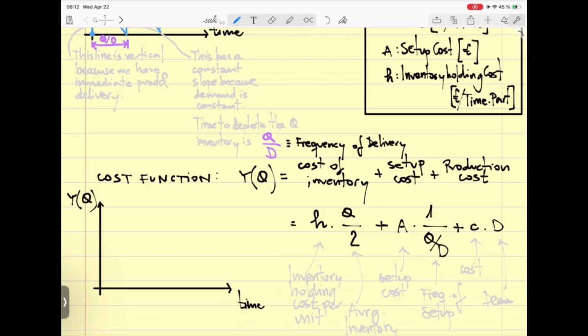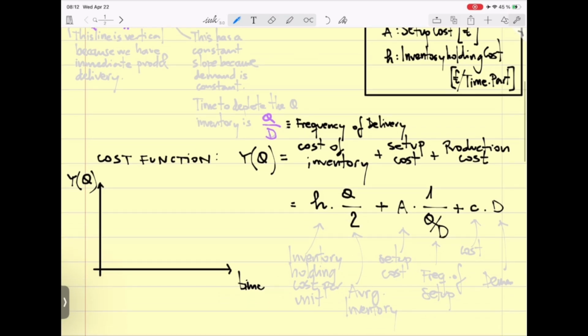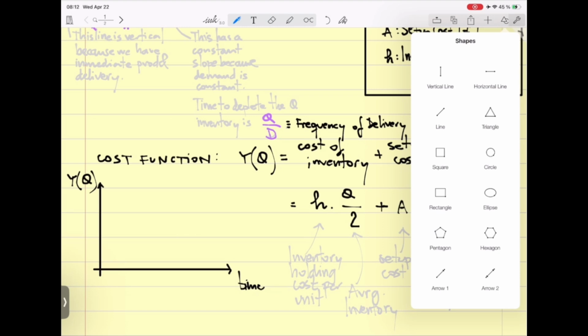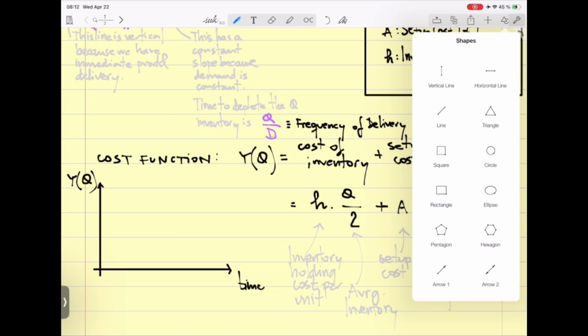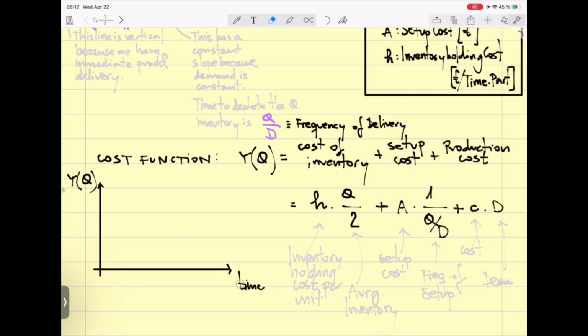Let's represent these curves. Sorry, this is wrong. This is not time, this must be Q. We are looking for the economic order quantity, so this needs to be Q. Depending on Q, the first is the inventory holding cost times average cost.